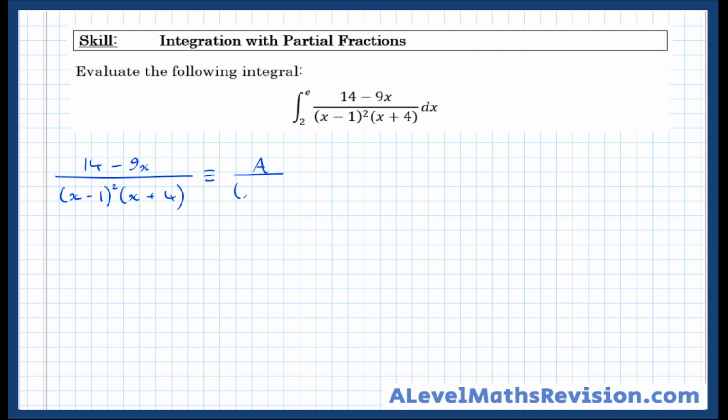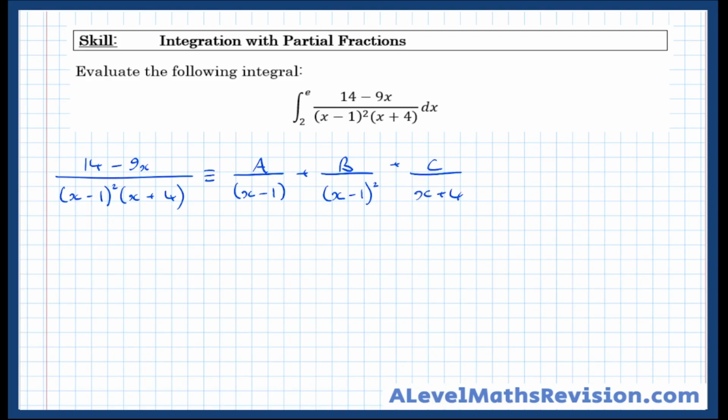So remember that this first term, (x minus 1) squared on the denominator, gives rise to two partial fractions, A over x minus 1 and B over (x minus 1) squared, plus C over x plus 4.